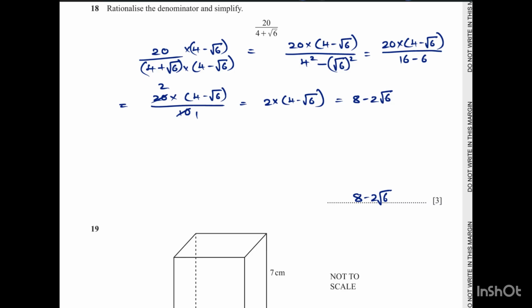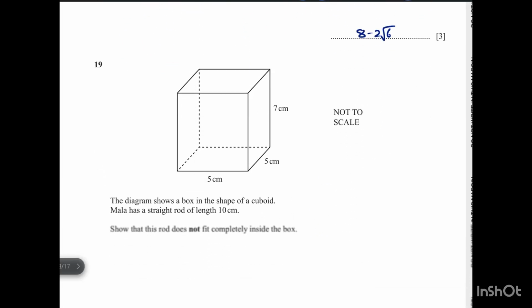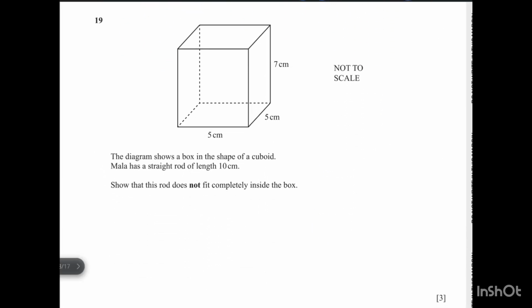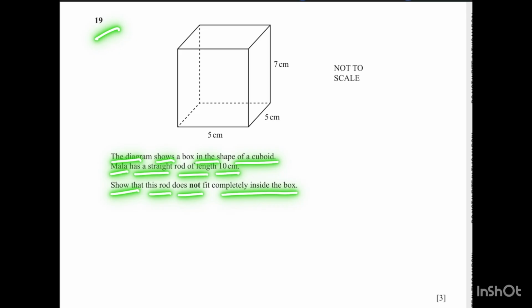Question number 19. The diagram shows a box in the shape of a cuboid. Mala has a straight rod of length 10 cm. Show that this rod does not fit completely inside the box.